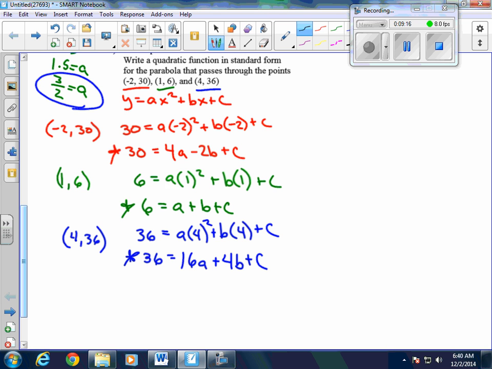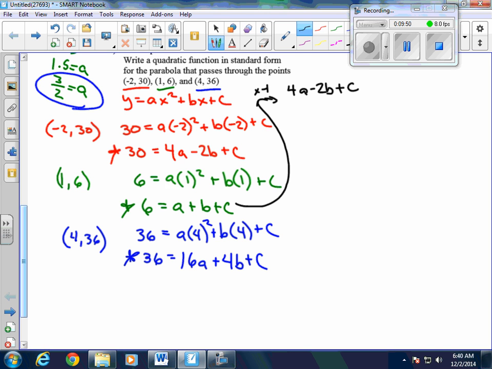Well, the easiest one to do is to use that green one. So I'm going to start with 4a minus 2b plus c, and I'm going to take this one, and I'm going to multiply it by negative 1. Now, the nice thing about all of these is c is always going to be just c.